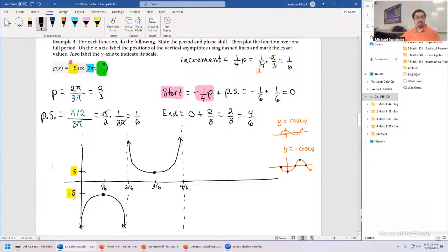And now we've handled the negative sign by just taking this curve and then remembering to go left by 1/4 period and just flipping the whole thing. So that's our plot for -5 secant 3 pi x minus pi over 2. Takes a lot of oxygen to say, but those are the steps in plotting this thing. Any questions whatsoever, folks, doing this plot here?